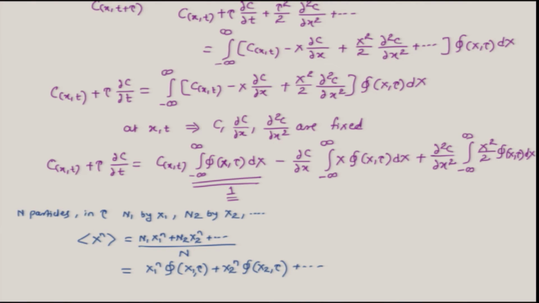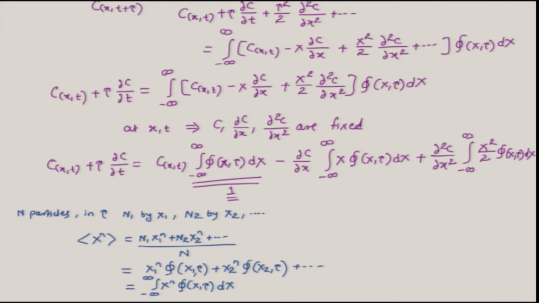And if x varies continuously, we can write this as an integral, x taking values from minus infinity to infinity, x to the power n phi of x tau dx, right. So, this gives me the values of the other two integrals here.